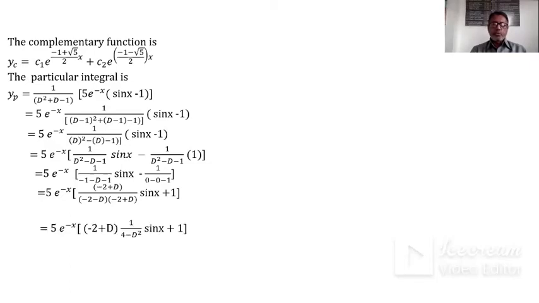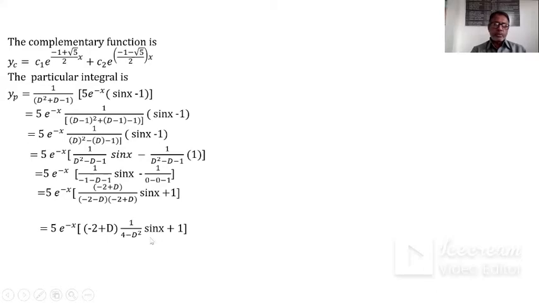Now this is equal to 5 e to the power minus x, (minus 2 plus D) times 1 upon, minus 2 squared is 4 minus D square, operate on sin x only, not on plus 1. Plus 1 is the separator.